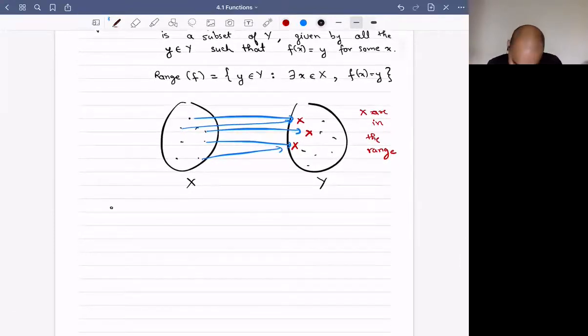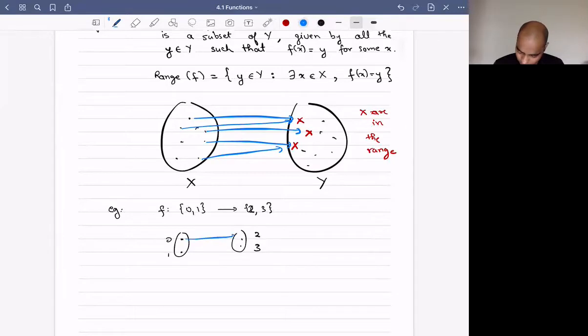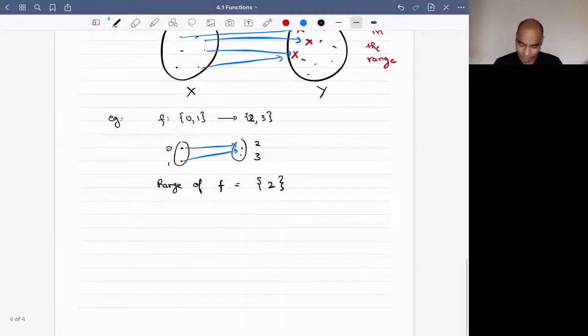And a concrete example, if I take f to be the same function I had defined above, then the range of f here is the set containing the single element 2.